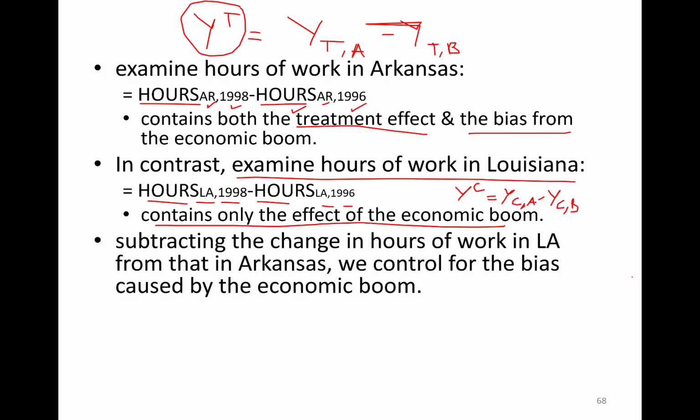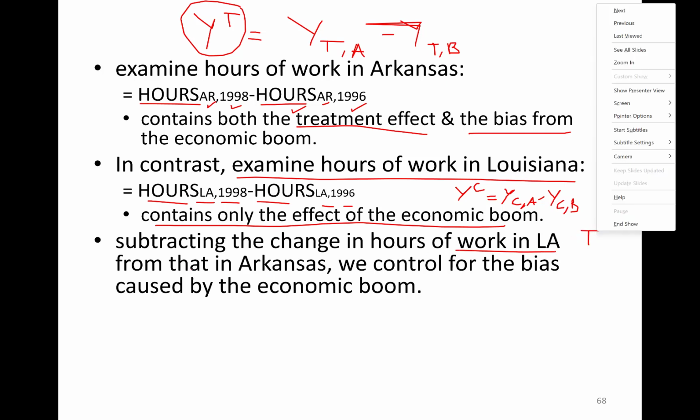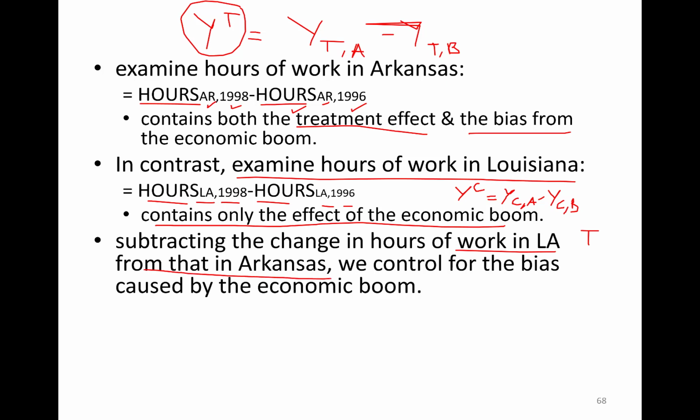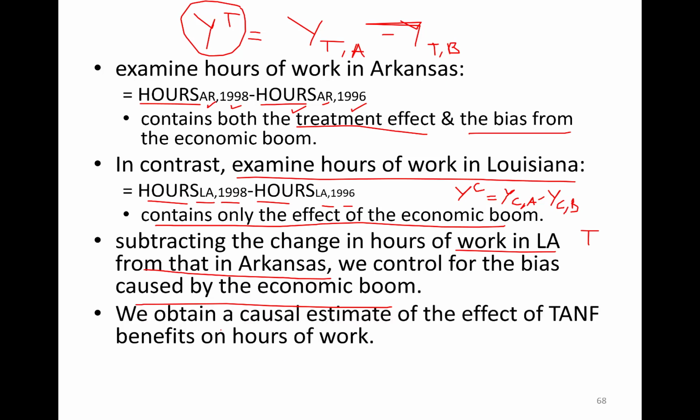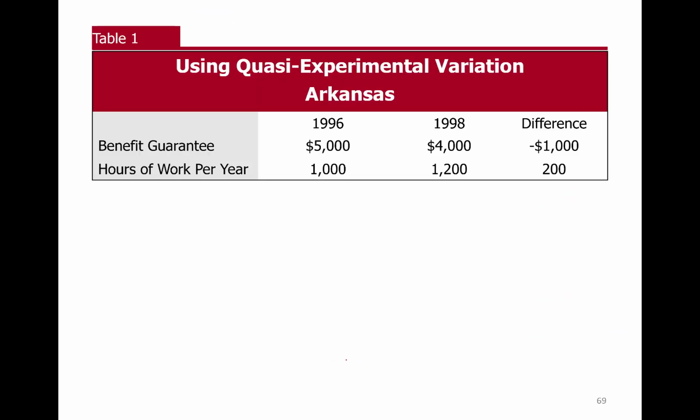Subtracting the change in hours of work in Louisiana, the control group, from that in Arkansas, the treatment group, we control for the bias caused by the economic boom or anything that happens in that period. So we can obtain a causal estimate of the effect of the temporary assistance to needy families benefit cut on hours of work.